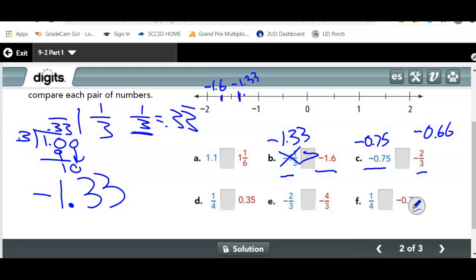Negative 0.66 is going to be to the right of that. So which number is larger? Sean. Sean, I thought it was negative fractions, but you're using your quarters again.